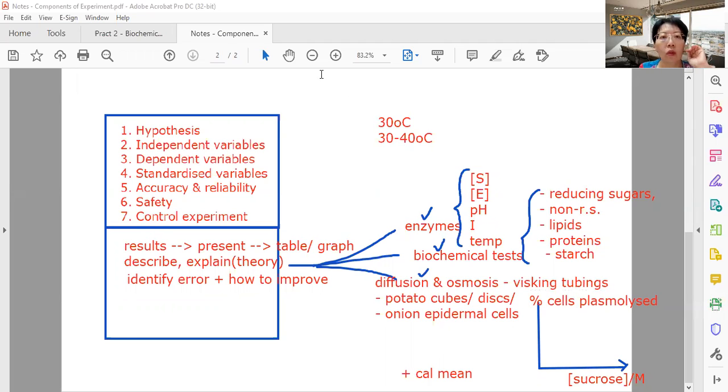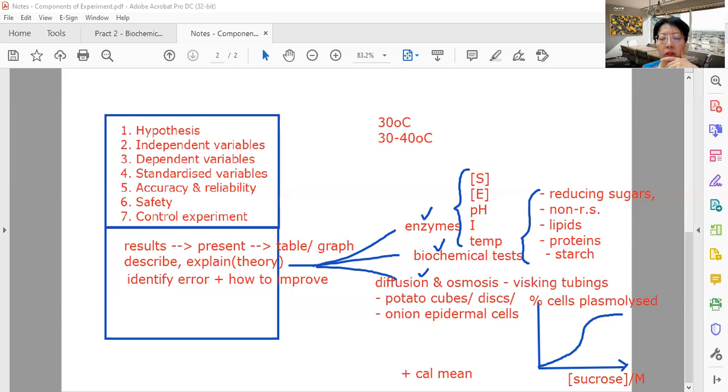So when you plot the graph, you expect to see that the graph will look like this.